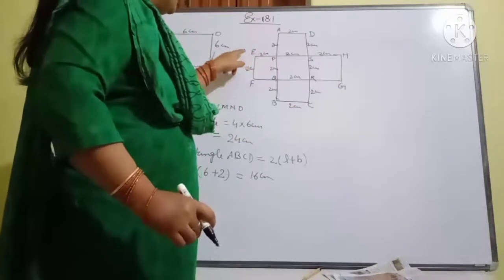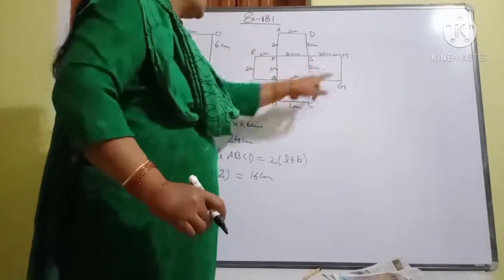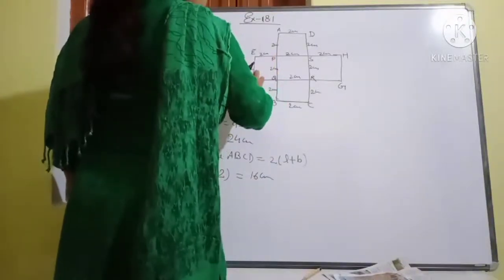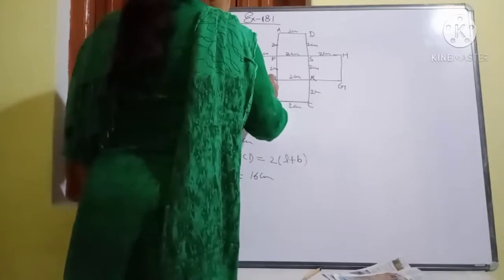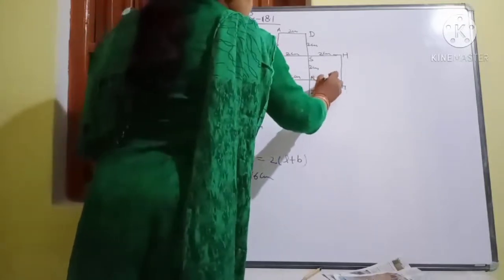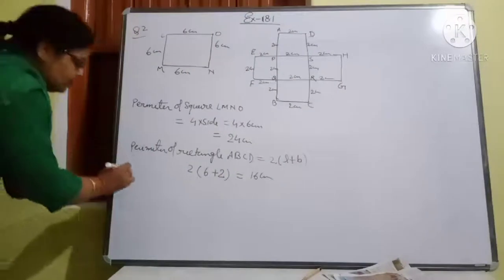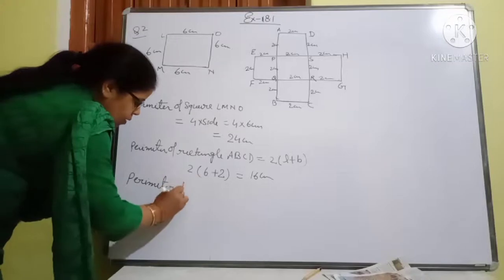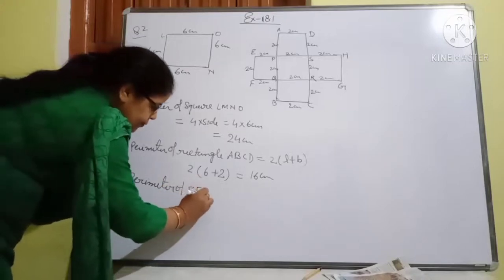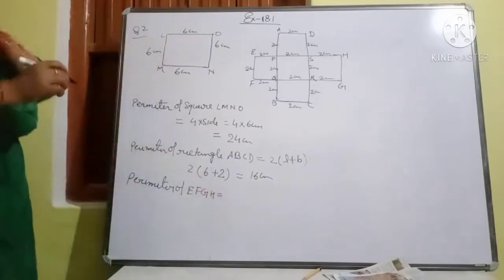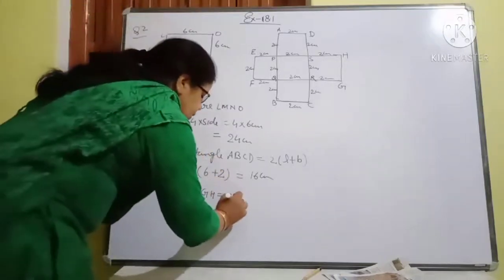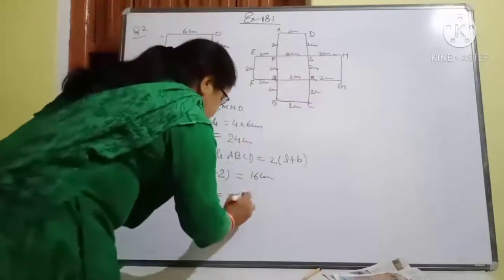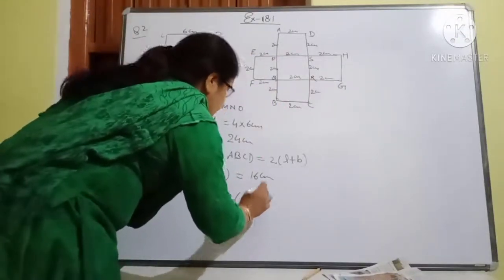Now in the same way you will find the perimeter of EFGH. If you see, the length EF will be 2 centimeter and FG will be 2 plus 2 plus 2, again 6 centimeter. So perimeter of EFGH is equal to how much, beta? 2 into length, how much, EH, plus breadth, how much, beta?